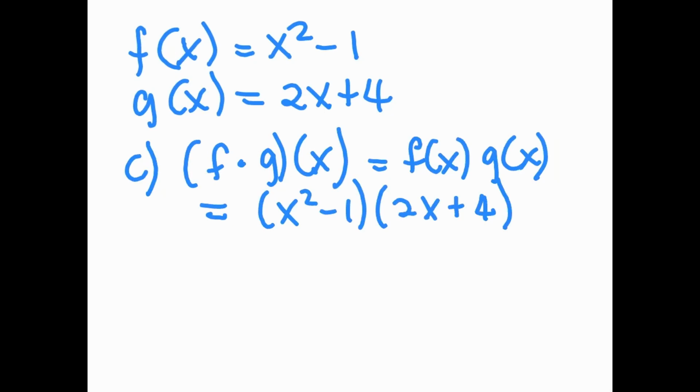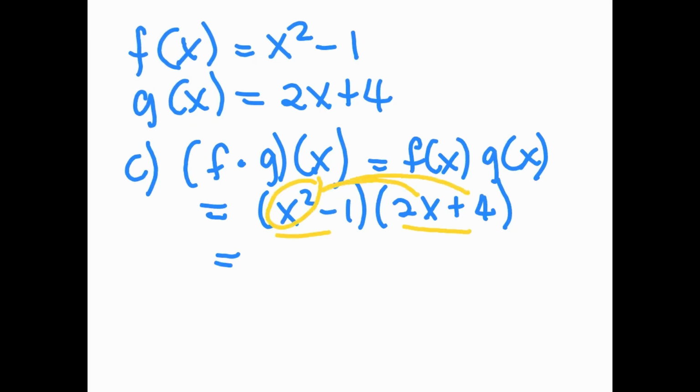So here we will be multiplying these two binomials. Now to do so, we multiply each of the terms of the first polynomial, which is a binomial here, by each of the terms of the second one.